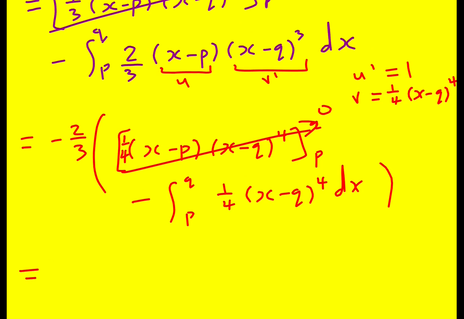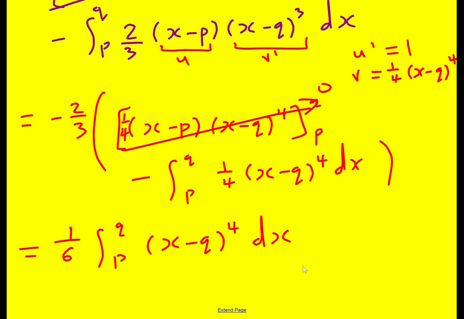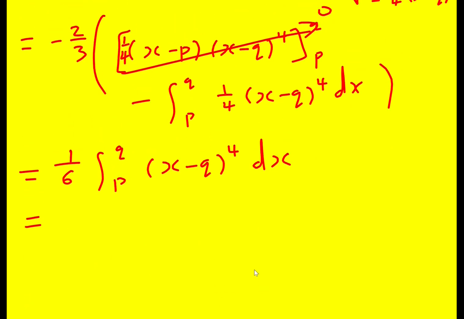So where am I up to? I've got 2/3 times a quarter, which is 2/12 or 1/6. I've got 1/6 as a double negative, so that cancels. This. I'm going to divide, so add 1 to the power, and divide by the new power, which will give me 1/6 and 1/5, so 1/30 overall.